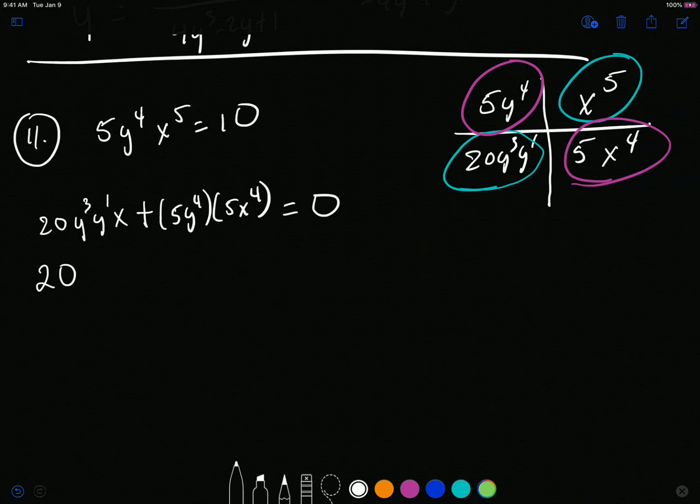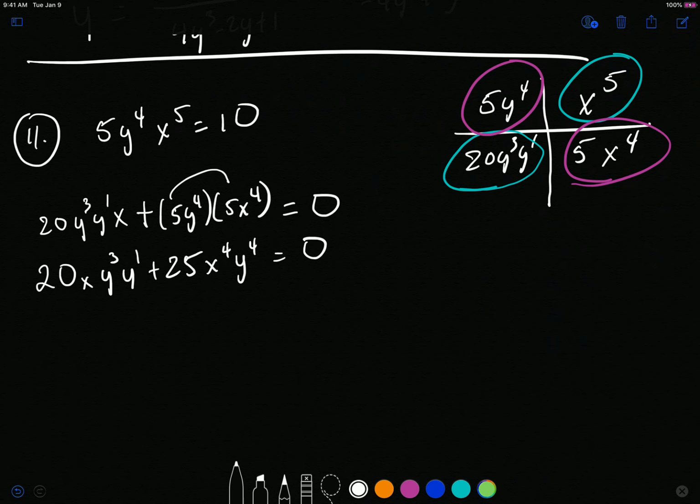So first things first, 20y cubed x, let's put the x first. 20xy cubed y prime. 5 times 5 is 25. x times y is x to the fourth y to the fourth. I should have a plus sign right there. Is equal to 0.